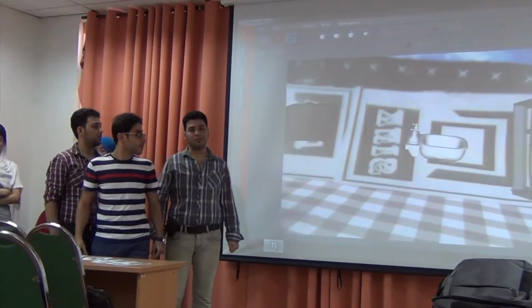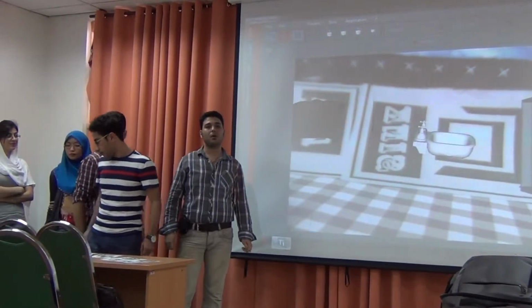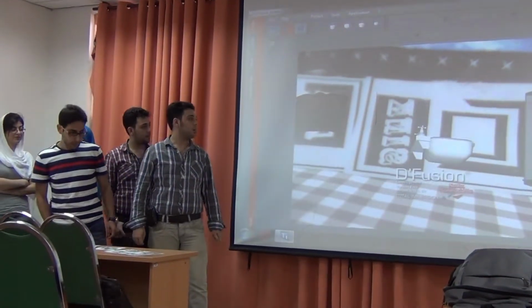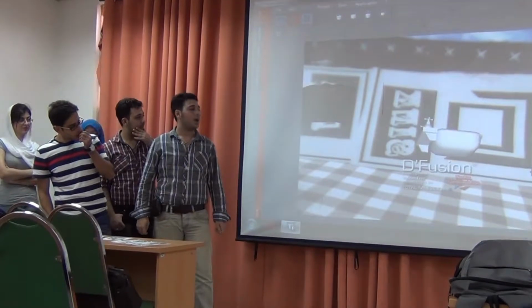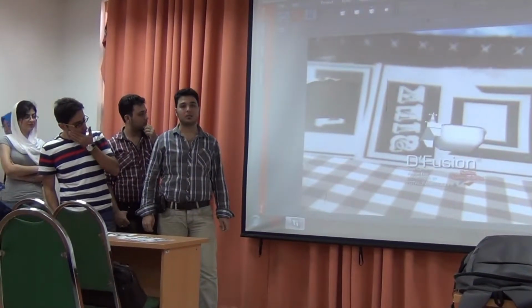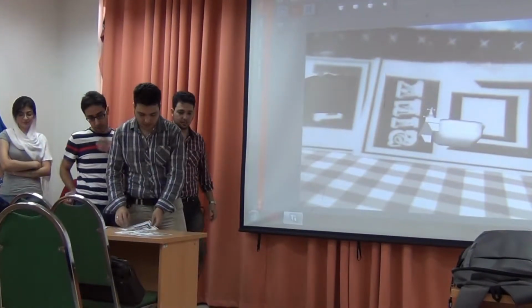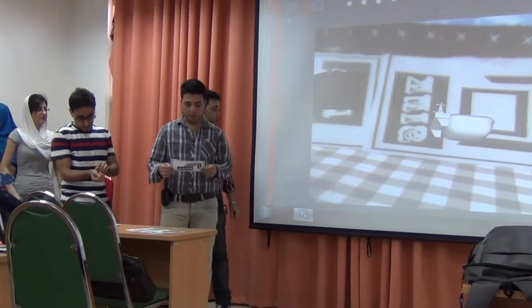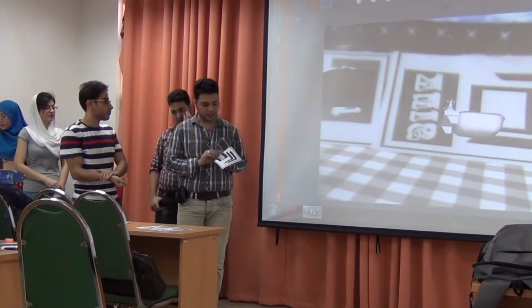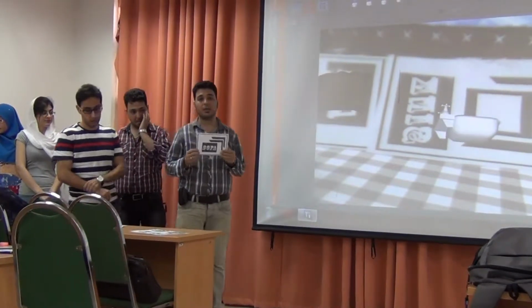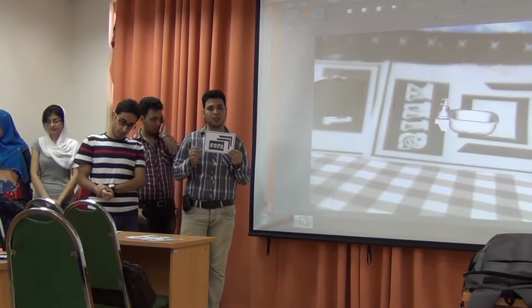We use software or applications such as Maya to make a 3D object and Illustrator to create the marker. If it's interesting, you can draw the marker by handwriting, and then convert it with Illustrator to a real marker.